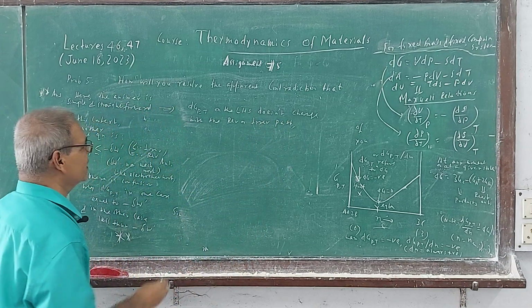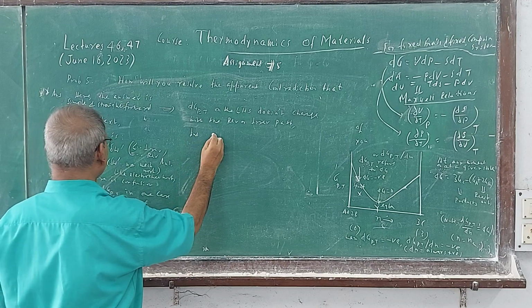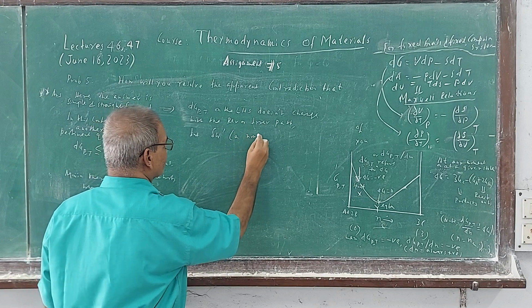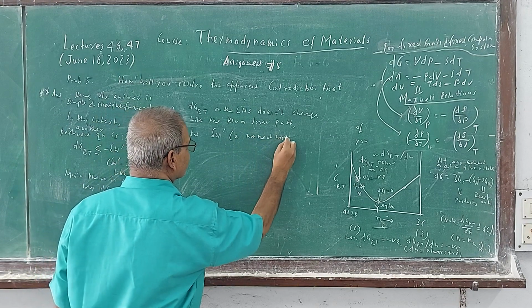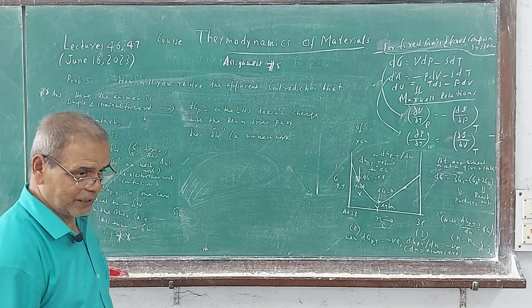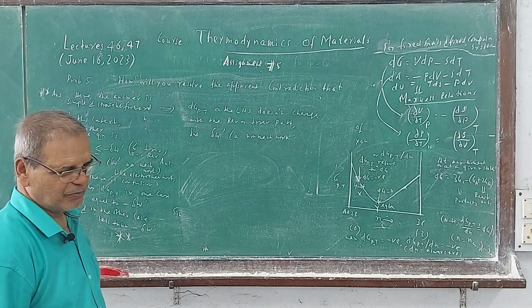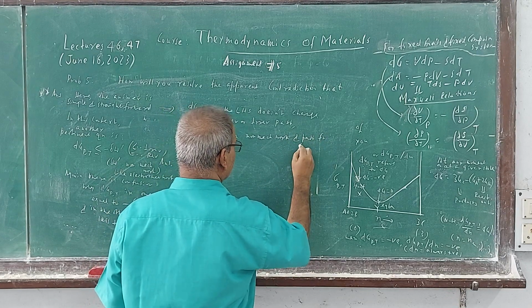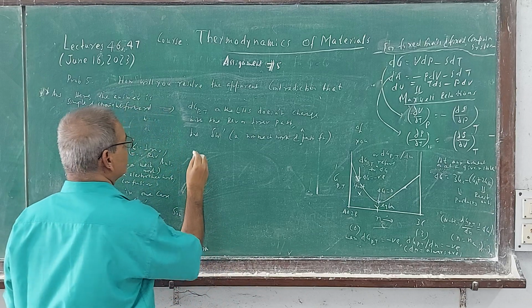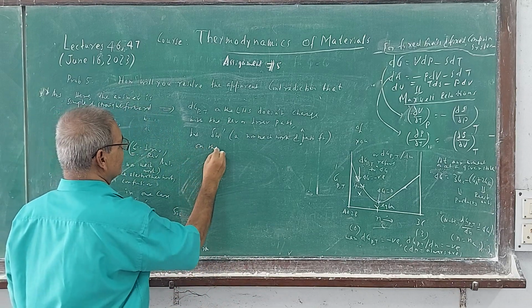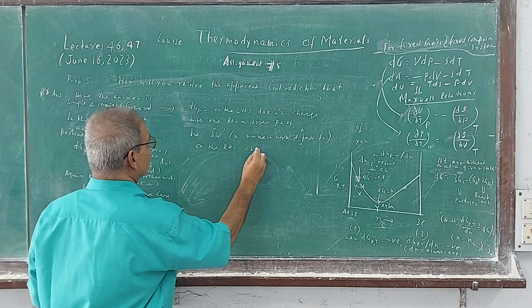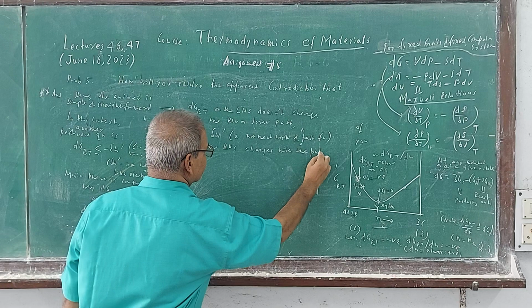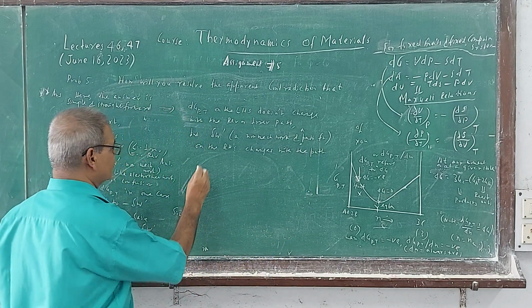But the right hand side, dW prime, non-mechanical work, is a path function, and a path function means it changes with path. This is the answer.